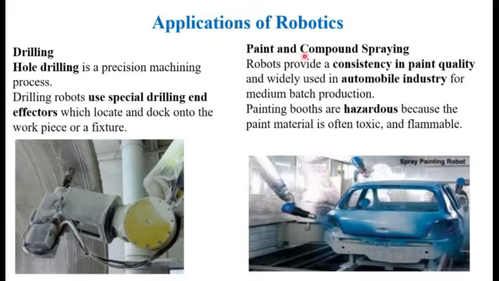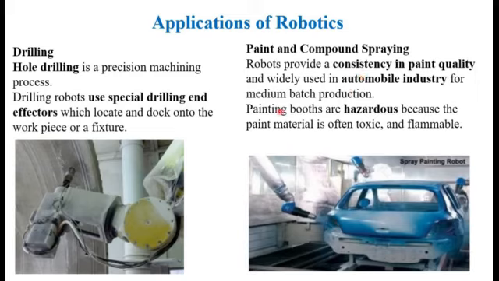Then in paint and compound spraying, again robots are used. Robots provide consistency in paint quality and are widely used in the automobile industry for medium batch production. They give good quality painting, therefore these robots are used.